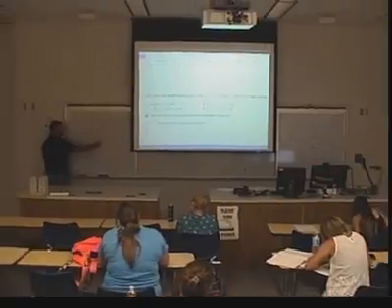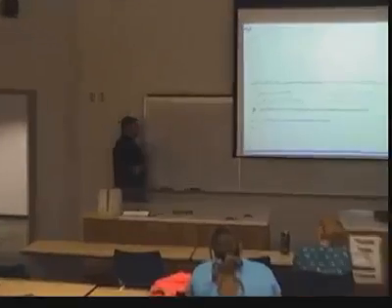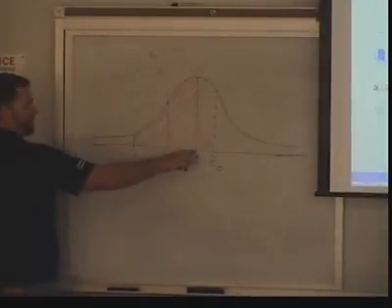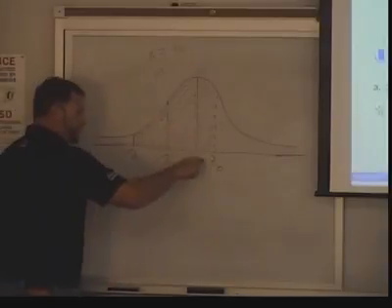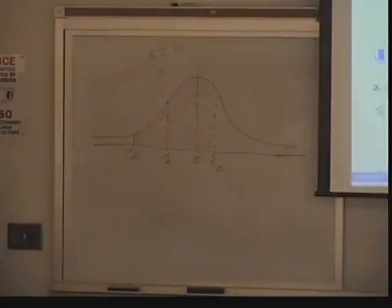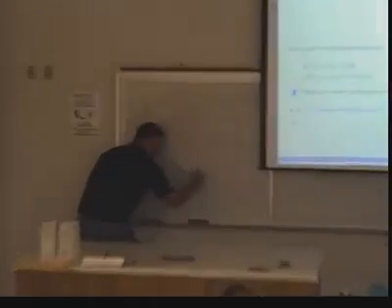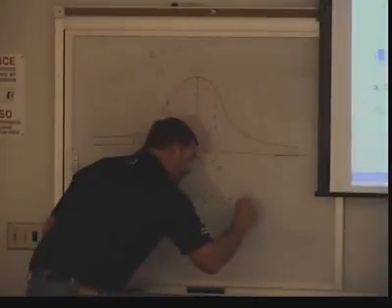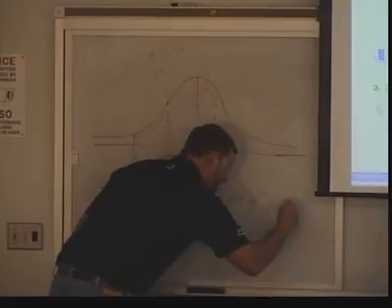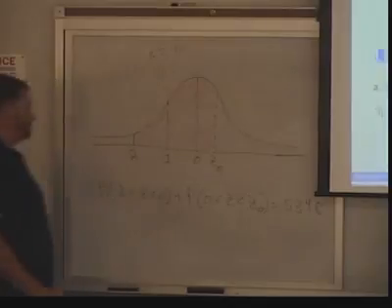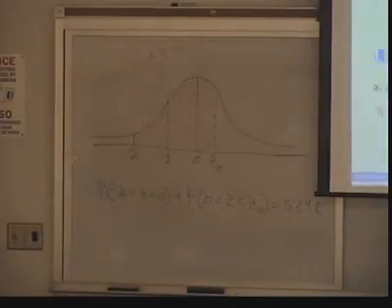It's going to tell me the area between 0 and 2, or 0 and negative 2, which is the same as the area between 0 and 2. So it'll tell me the area between 0 and 2 and the area between 0 and Z naught. Okay? So when I add them together, the probability that negative 2 is less than Z is less than 0, plus the probability that 0 is less than Z is less than Z naught, has to equal 0.5348. Everybody agree with what I have written there?